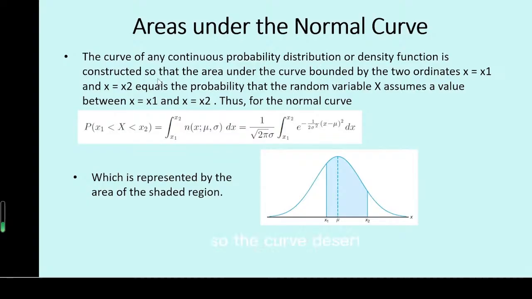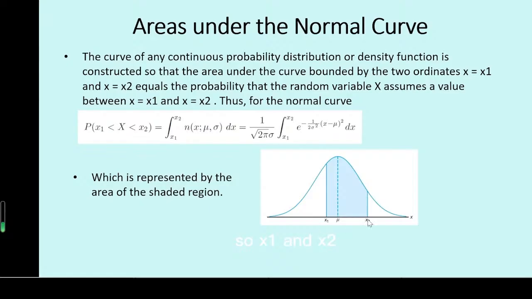The density curve for any continuous probability distribution is constructed so that the area under the curve bounded by two ordinates x1 and x2 equals the probability that the random variable X assumes a value between x1 and x2.